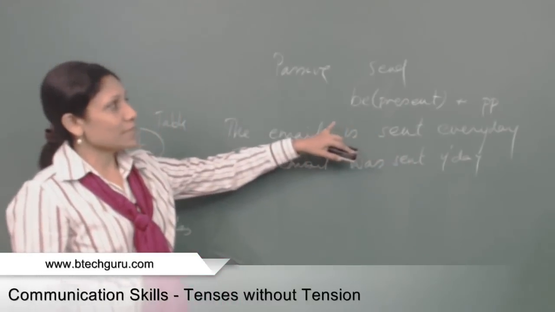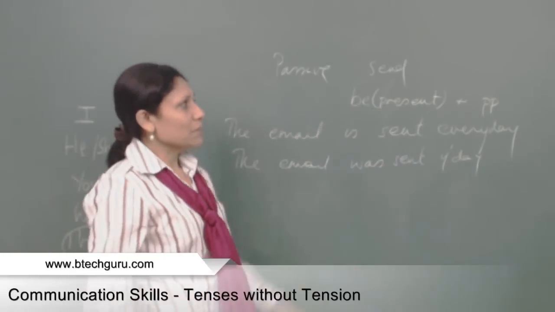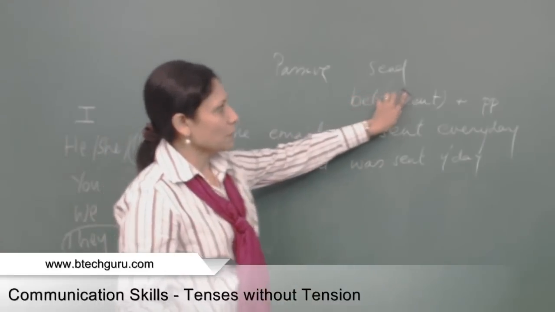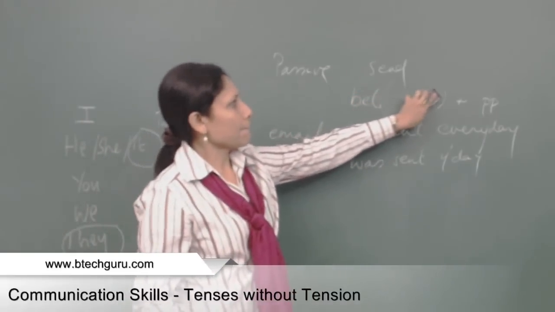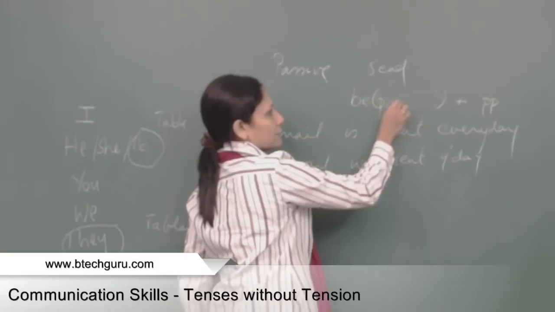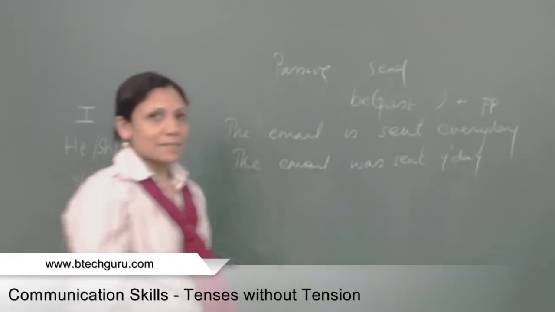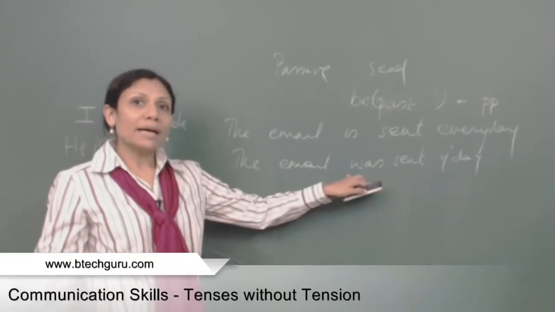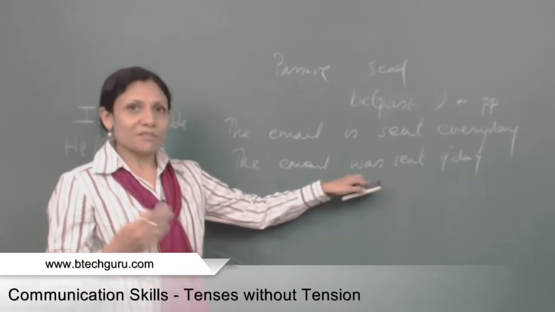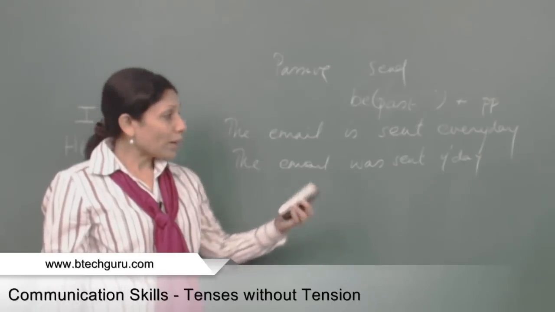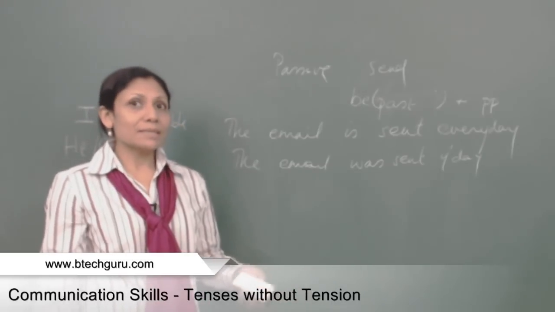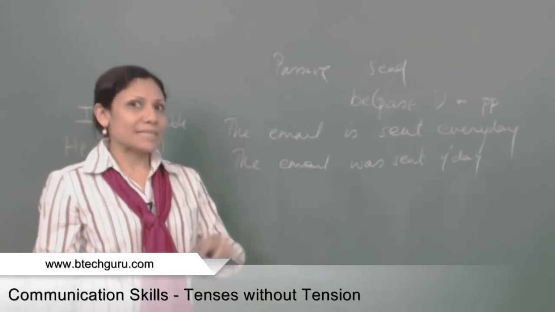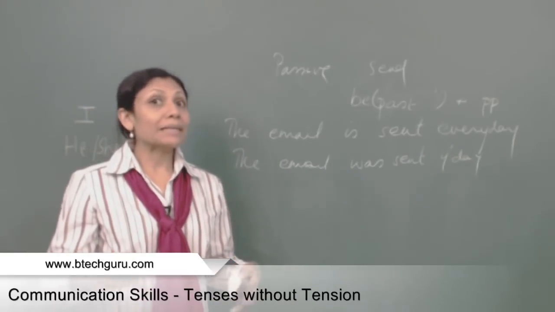So what you're going to see is, instead of using the be verb present, you have used the be verb past and then the past participle. Now what is the angle to this is that the action is over, and that is why you're using passive past.